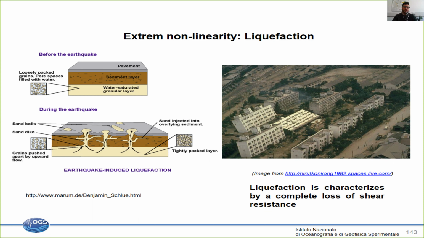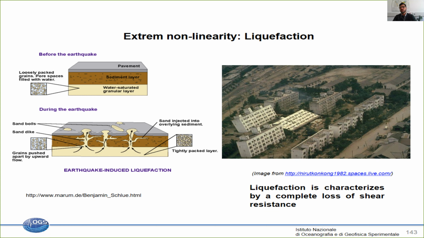There are some extreme cases of site effects when the nonlinearity becomes, let's say, extreme, that are very relevant. And in the past, probably they have been a little bit underestimated, in the sense that we were expecting this to be more rare effects and related only to very large shaking. But we realize with the last earthquakes that they can also happen with smaller ground shaking than we were expecting in the past.